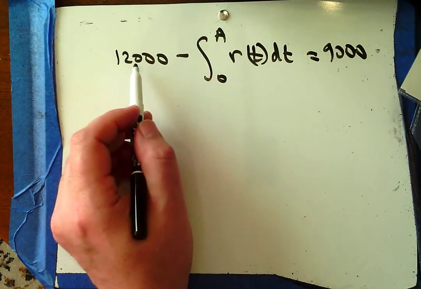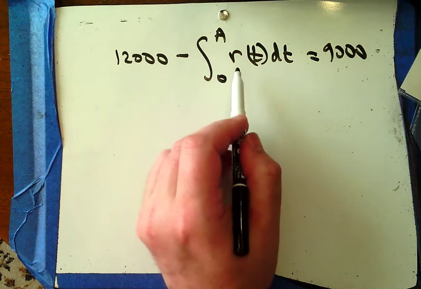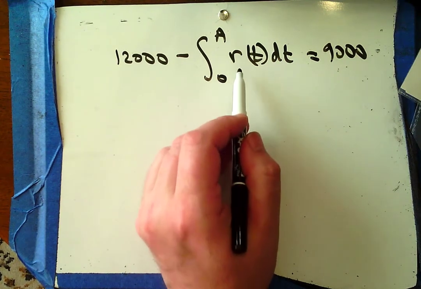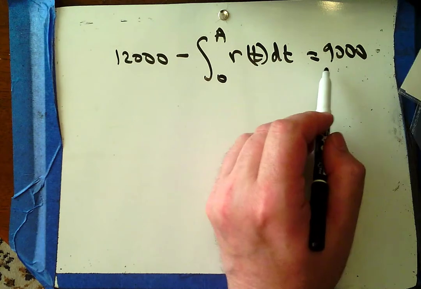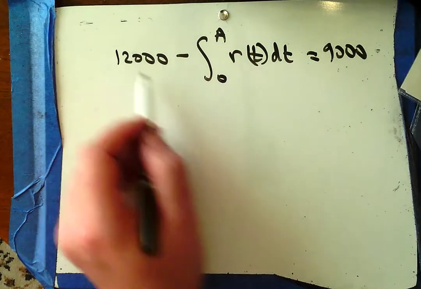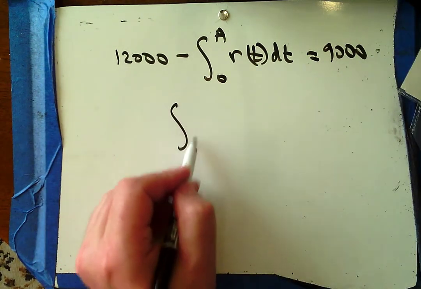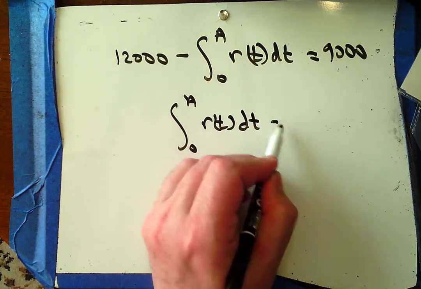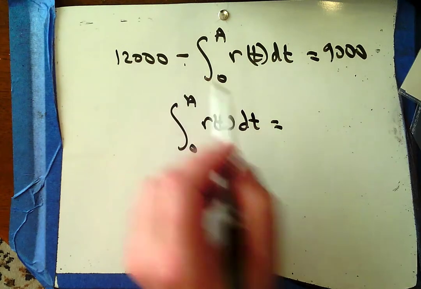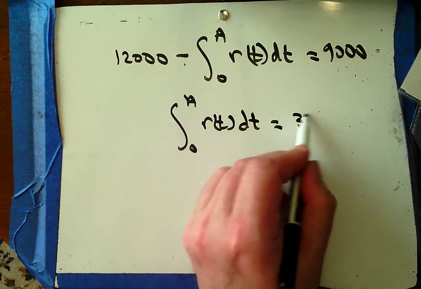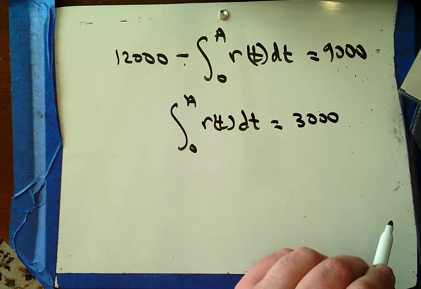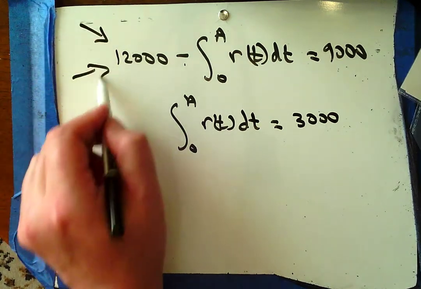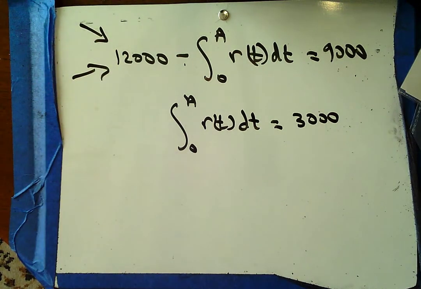So starting amount, take away the positive number that is how much drained to equal 9,000. And I guess we could subtract and say the integral from 0 to A of R of t dt should equal negative 3,000 divided by negative is 3,000. That would also work. But most students wrote something like this who got credit for it.